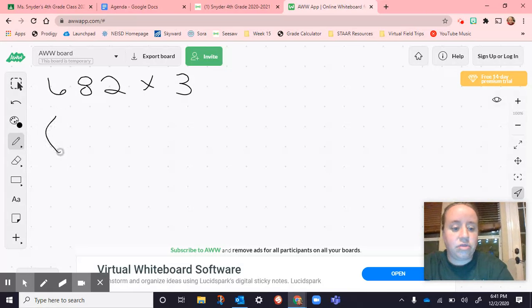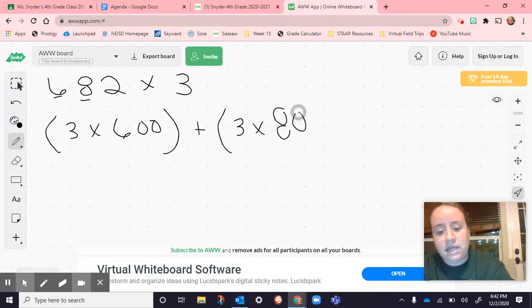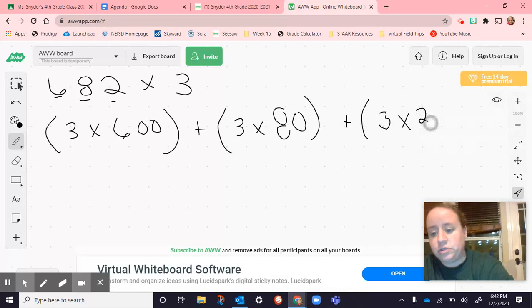So we're going to take 3 times the 6 has a value of 600 plus the 8. So 3 times 8, which has a value of 80, plus the 2 is in the ones place, so it's going to be 3 times 2.